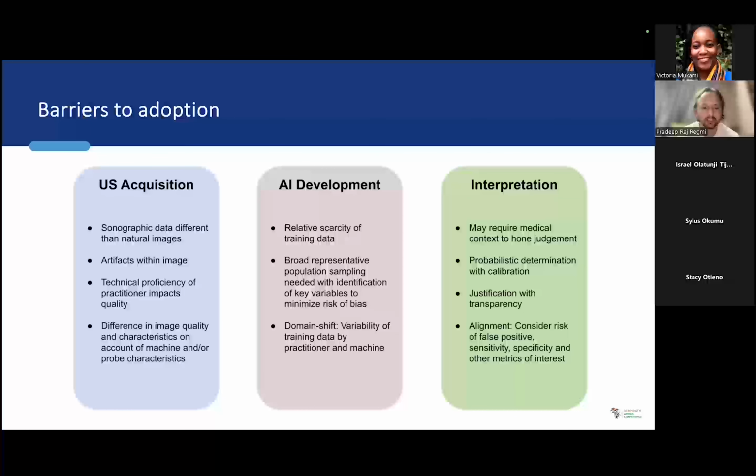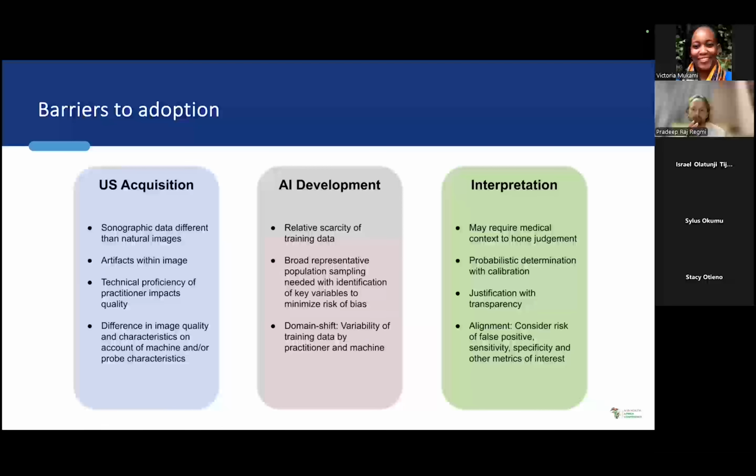And in ultrasound images, there can be artifacts, which can be really difficult for AI to pick up. There is also the technical proficiency of the practitioner, for the quality of that initial ultrasound to fit into the AI setup. And there is a scarcity of training data in this part of the world.